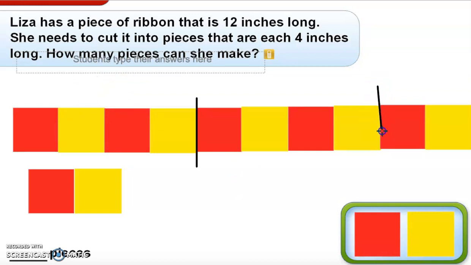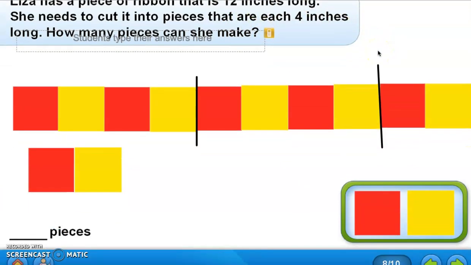Okay, so now we have 2 4-inch ribbons right there. All right, and then 1, 2, 3, 4. We have another 4-inch piece of ribbon. So if she wanted to take this 12-inch long ribbon and turn it into 4-inch long ribbons, she could have 3 pieces. 1, 2, and 3. Okay?